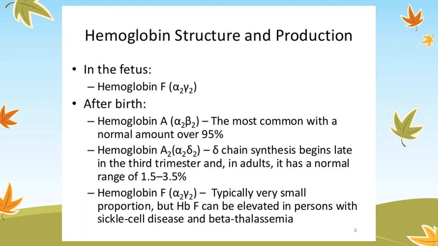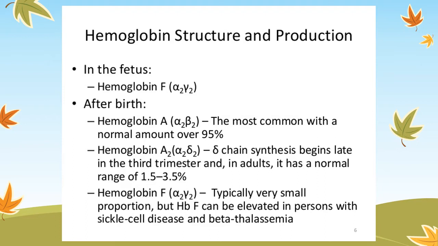I wouldn't say it's a fight, but it has to be able to get oxygen. The mother's blood also carries oxygen, and the mother's blood has hemoglobin A. So by having hemoglobin F, which has higher affinity towards oxygen, the fetus has better chances of getting the oxygen even though it is in the mother's womb. That's why they have hemoglobin F.